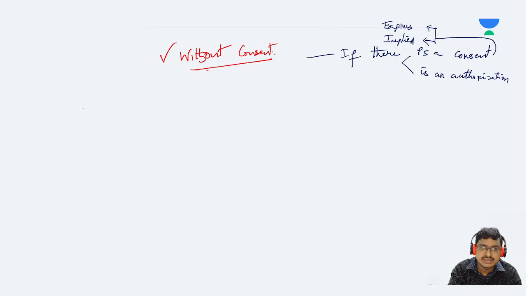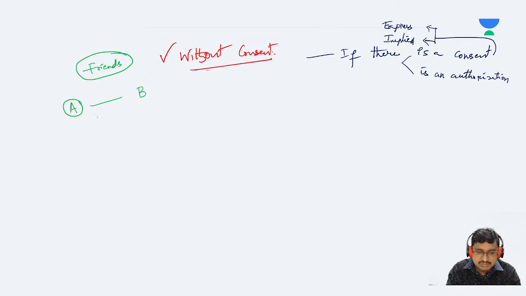Okay, friends, here Mr. A and B are friends. Mr. A, being on friendly terms with Mr. B, goes to Mr. B's library.